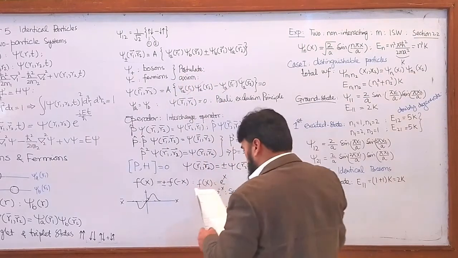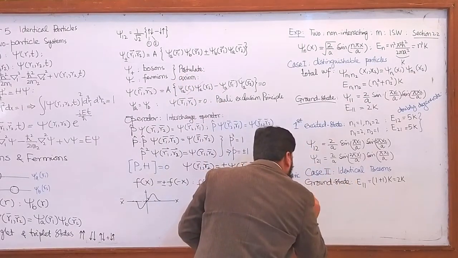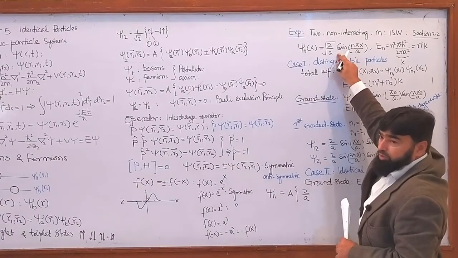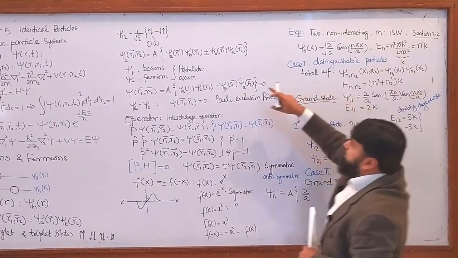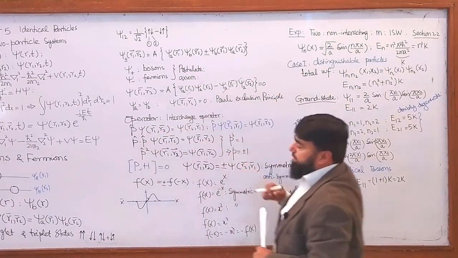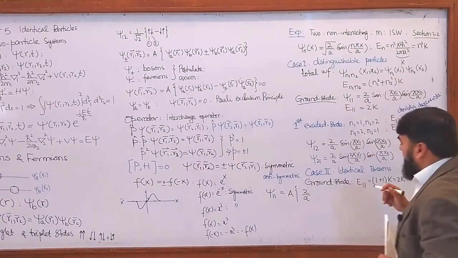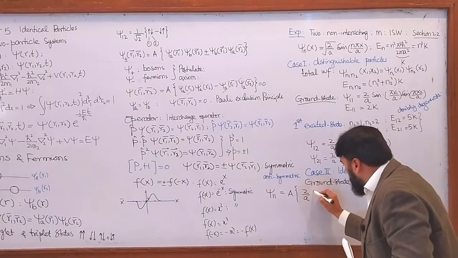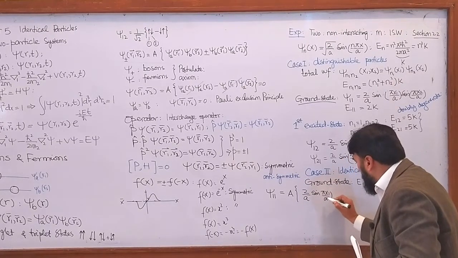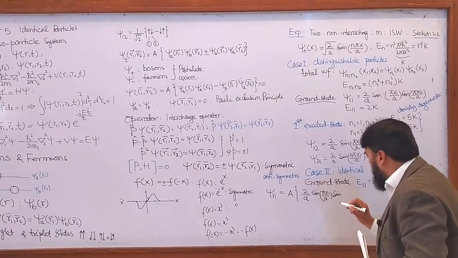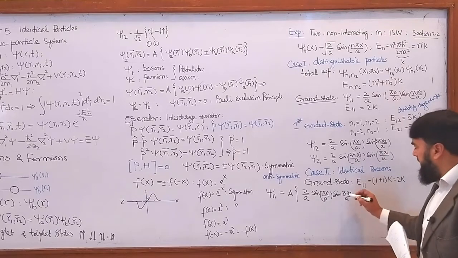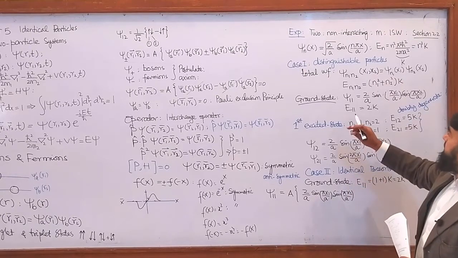Clear? So write 2 over a when both of these multiply. Here we are having 2 multiplications, this one and this one, and over there we are having 1 multiplication. So 2 over a, sine pi x1 over a and sine pi x2 over a. Clear? This is the first part.